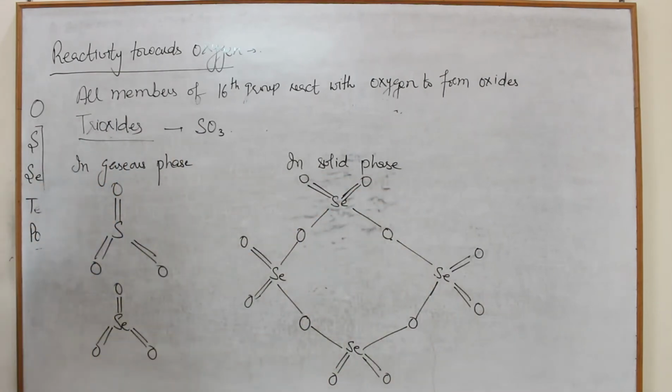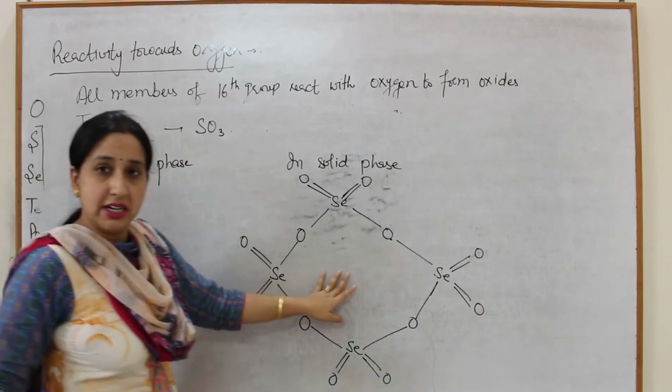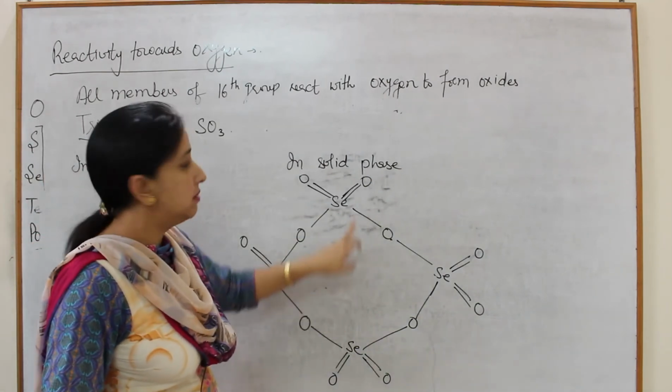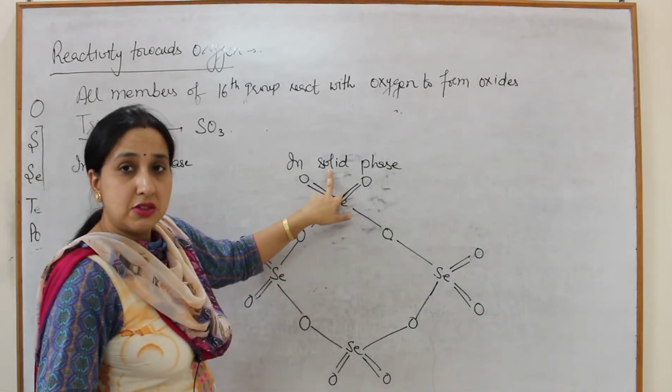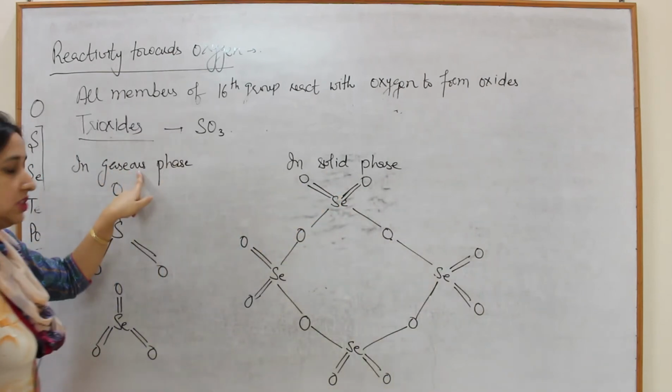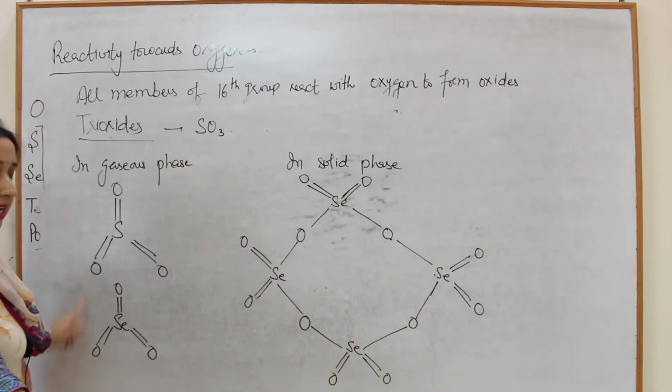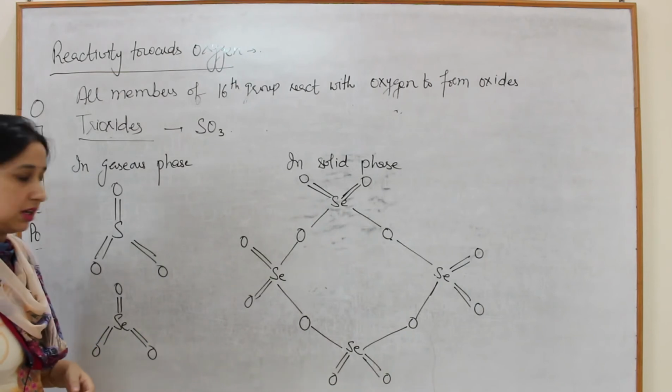This will be the structure of the tetramer of selenium trioxide. These trimers and tetramers of sulfur and selenium occur in the solid phase only. In the gaseous state, they occur as monomers, meaning single molecules.